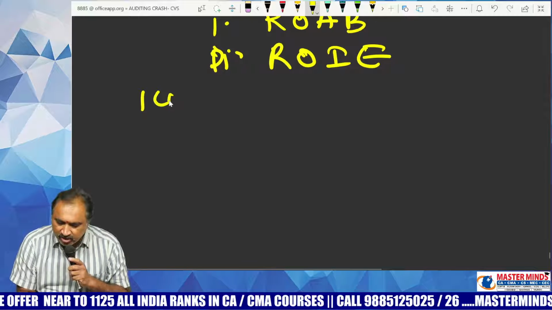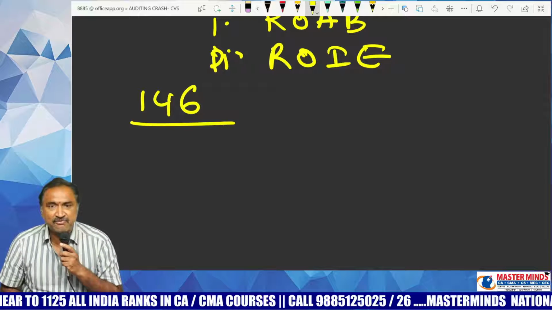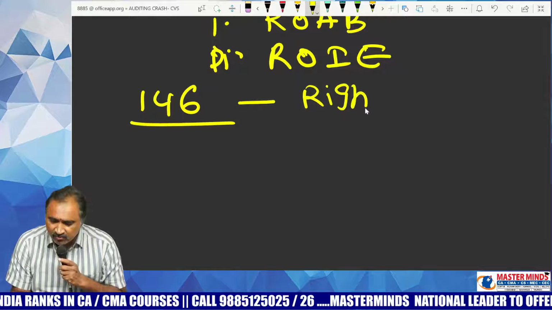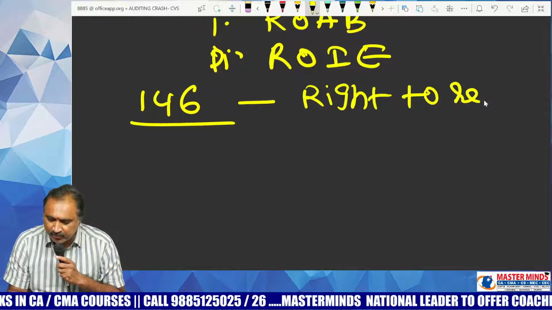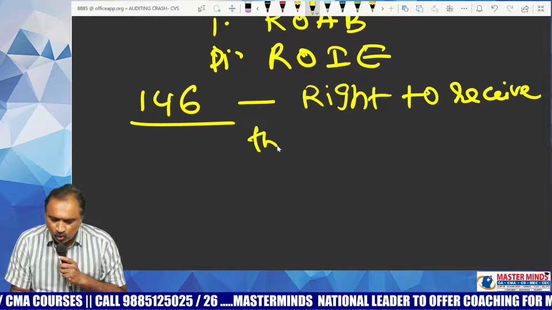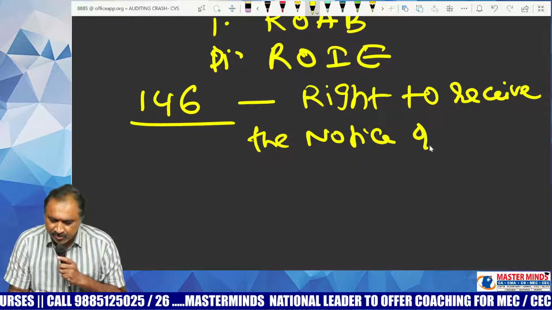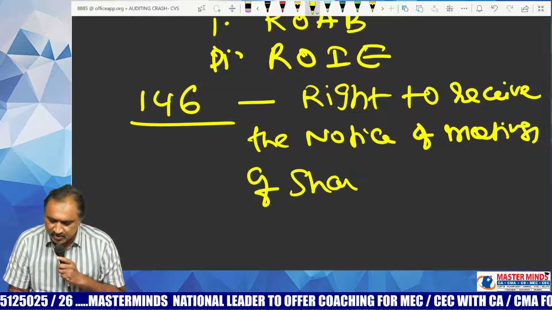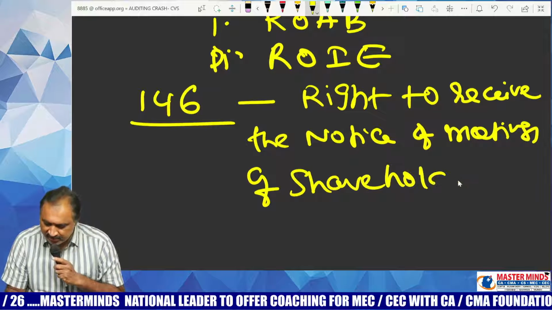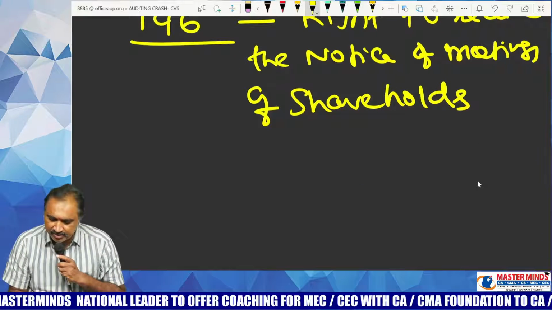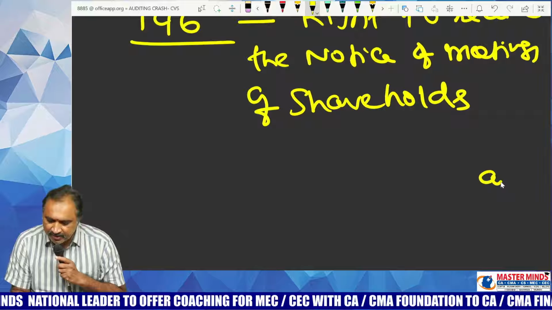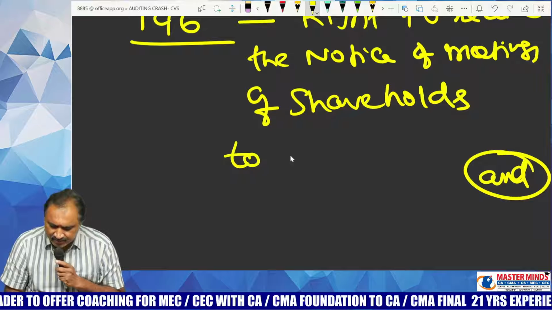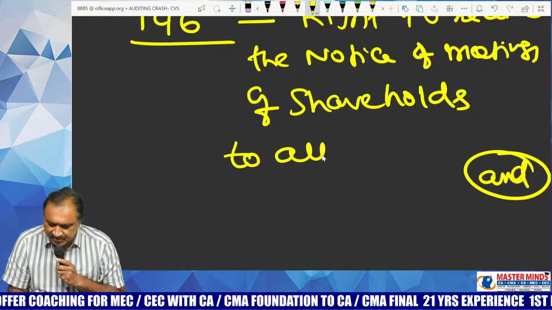Another right is given to the auditor under section 146 of the Companies Act. Under section 146 of the Companies Act, what was the right given? Right to receive the notice of meetings of shareholders and to attend such meetings.